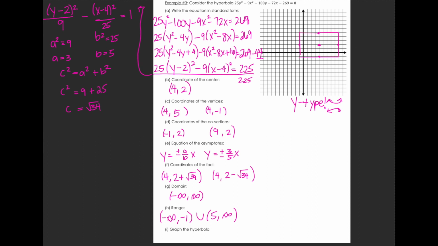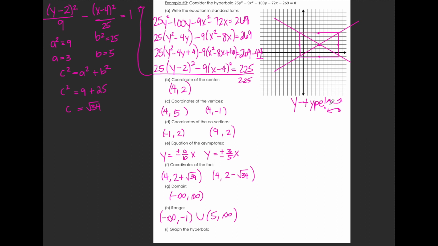The last thing I'm going to do is draw my asymptotes through each corner and the center of the rectangle. And again, on your page, you want the lines for this box and for the asymptotes to be dotted lines. I just don't have a dotted line feature in what I'm using to write this all out.